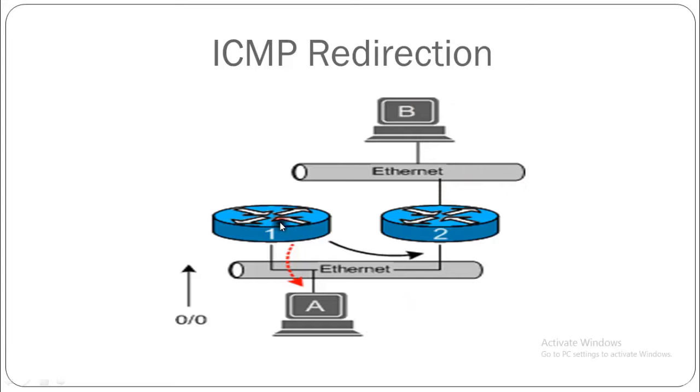When R1 receives a packet destined for host B, it looks at its routing table and notices that it has a non-default route to R2, router 2, for packets destined for host B. Therefore, it forwards the datagram to R2, which in turn passes it along to host B. Router 1 also notices that the outgoing interface and network for the packets was the same as the interface it arrived on. Since it is configured to send ICMP redirect, it sends an error message to host A informing it that all packets destined for host B should be forwarded to R2 and not to R1.